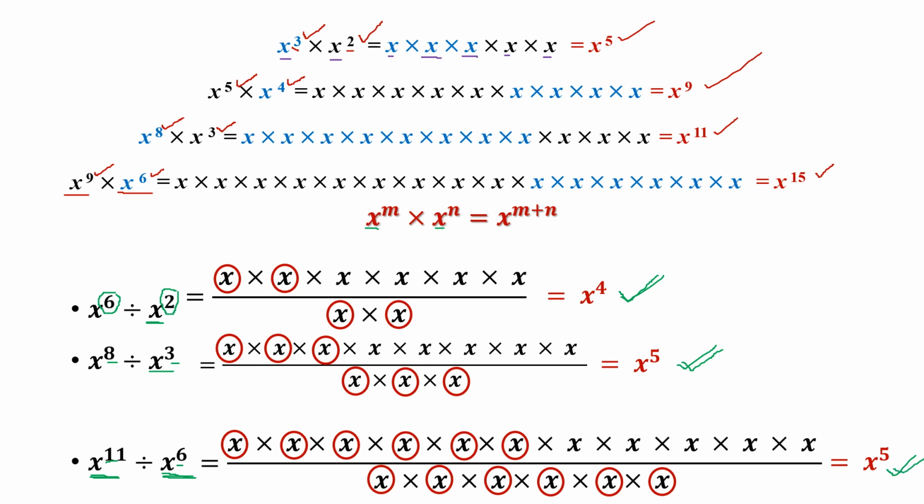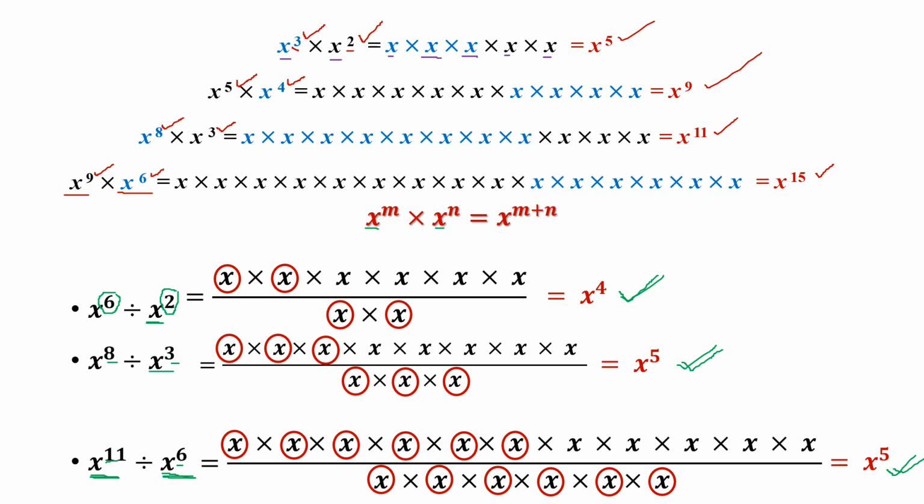So we can come to a conclusion where we'll say x to the power something divided by x to the power something will simplify to x to the power something minus something.